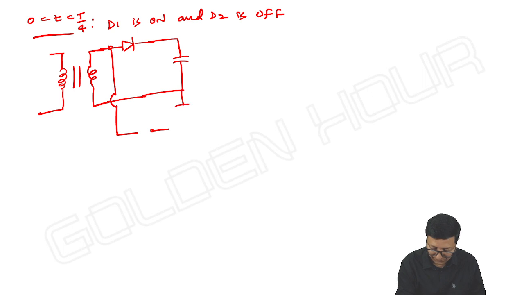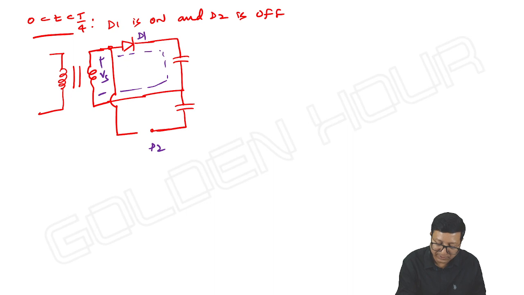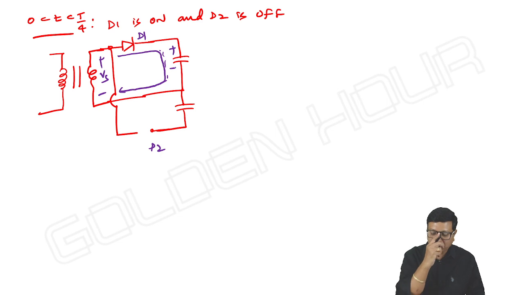We have one capacitor here and one more capacitor here. So how will the current flow? It is like the positive cycle, D1 and D2. Current can flow only in this direction. The capacitor will charge with polarities plus minus. Is it not looking like our regular negative clamper? Of course, D1 acts like a clamper. C1 will be charging up to the peak amplitude of the input, the positive peak of the input amplitude.